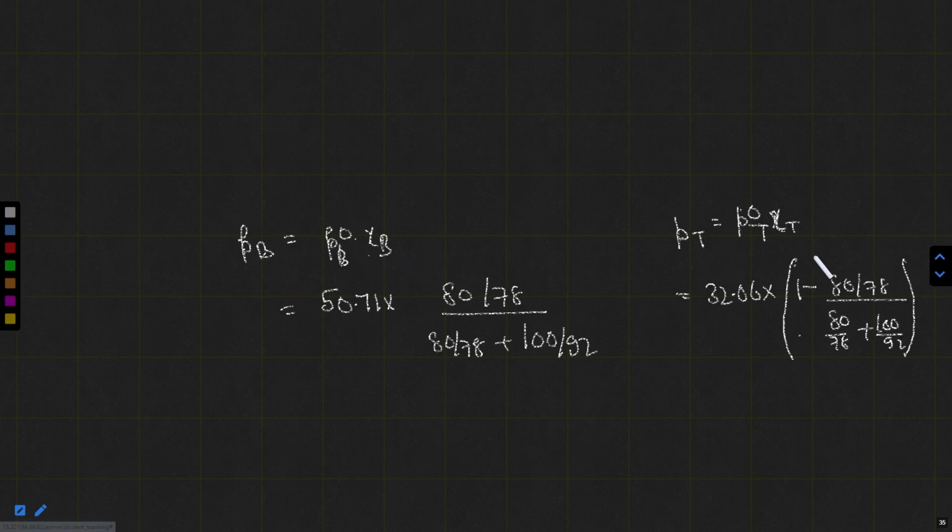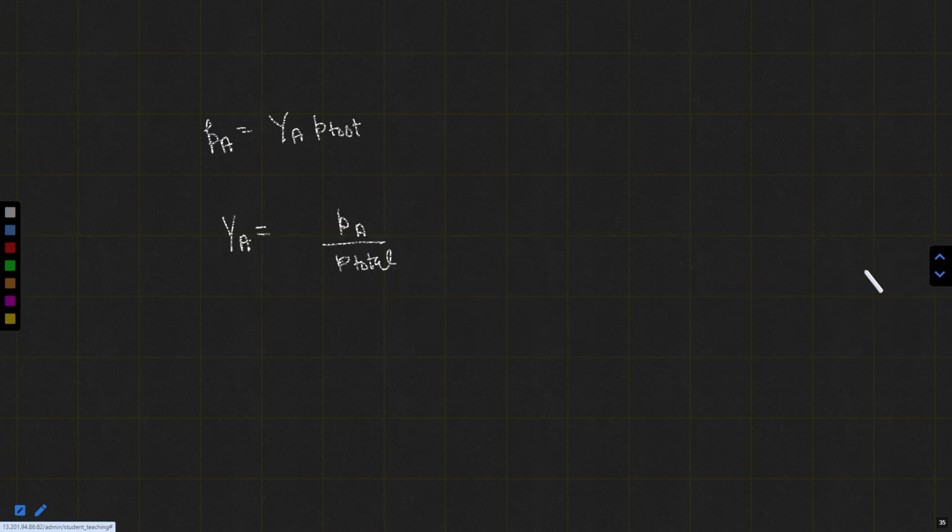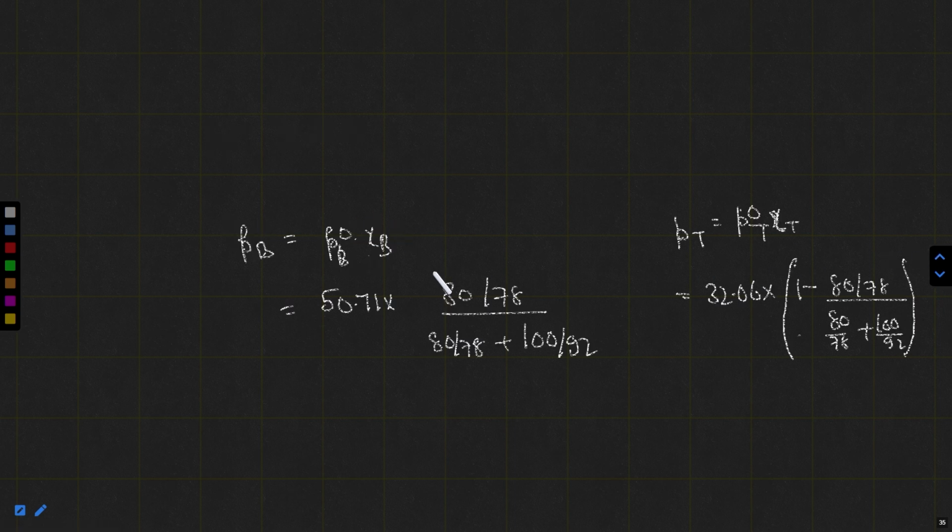So we have calculated all of this, right? If you are calculating for benzene, then it would be YB equals PB by P total. Now we have the PB value here. And what will be the P total?